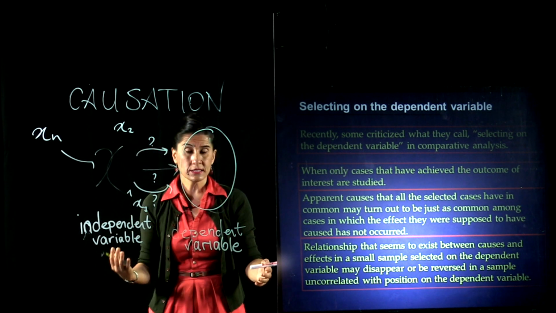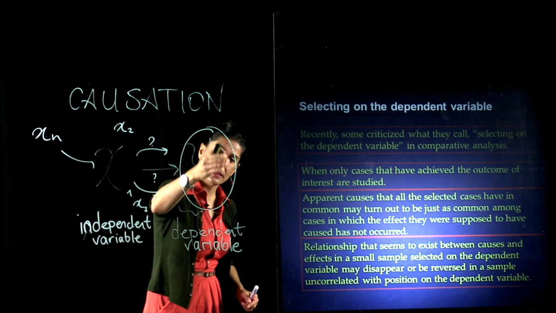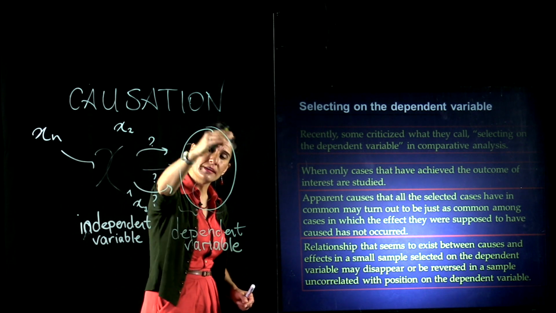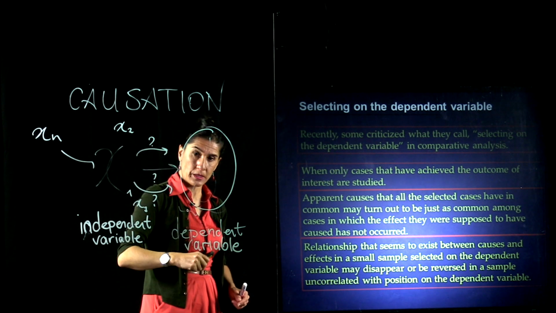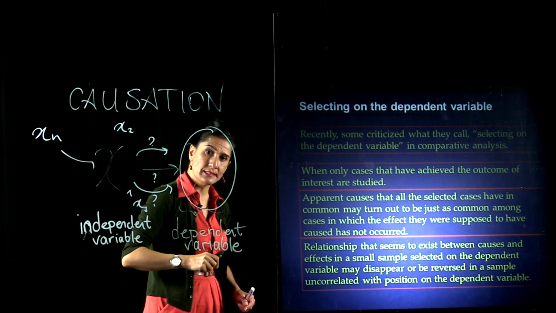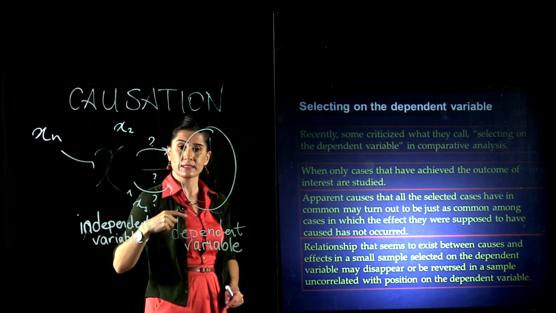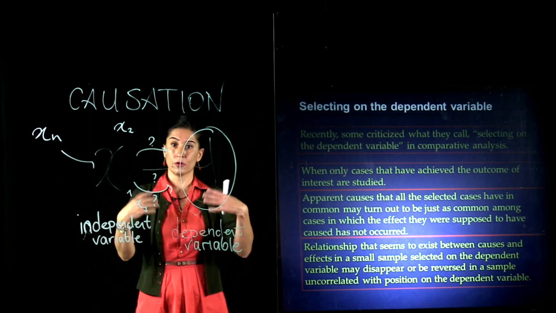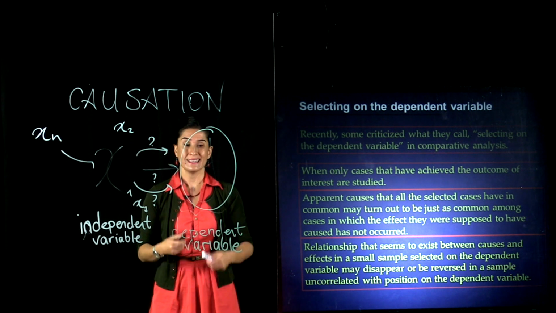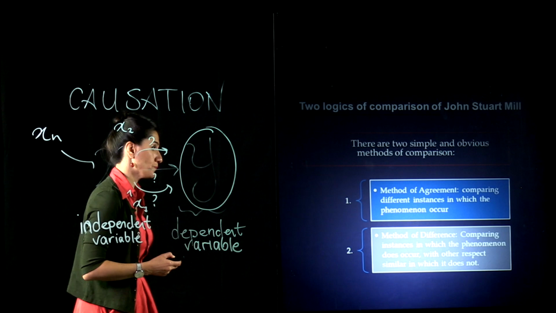So the scholars argued that the cases should vary on Y as well. We should choose cases where Y exists and also where Y does not exist. This brings about the necessity of comparative studies.